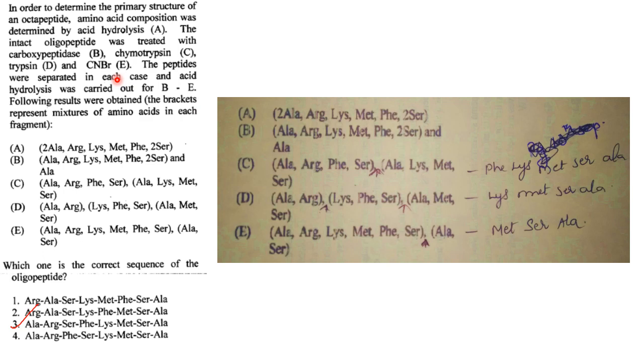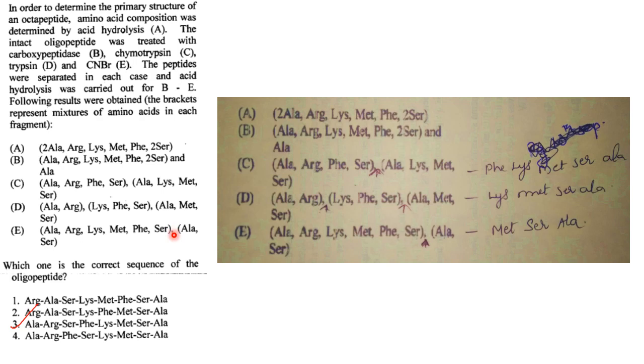So first we will see the cyanogen bromide case. We will start from the end. So CNBr digests the carboxyl side of methionine residues. So if you see, which one is that? E. Methionine is present in this half, whereas it is not present in alanine and serine. So methionine should be present at the end over here.